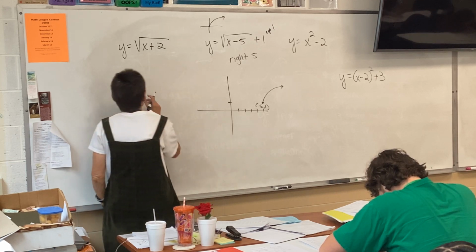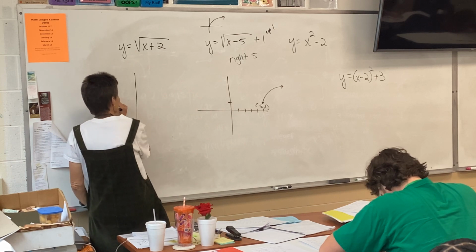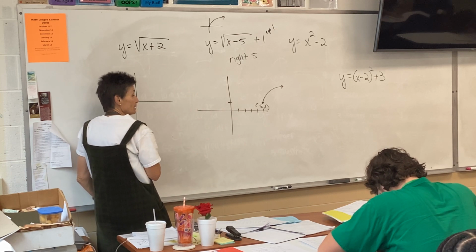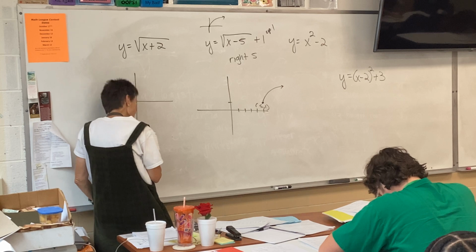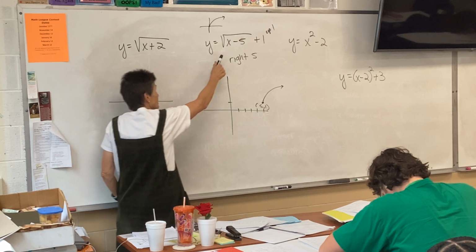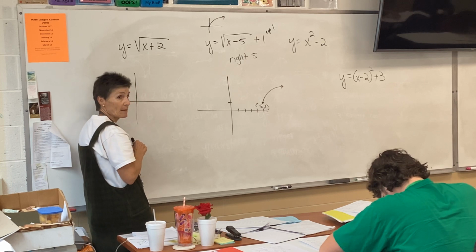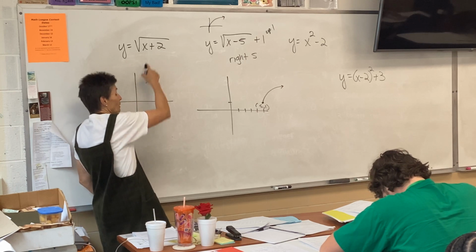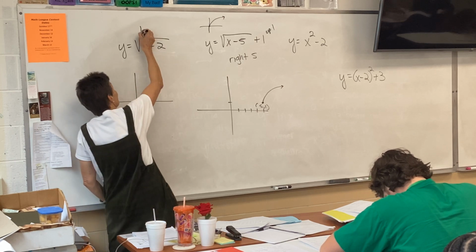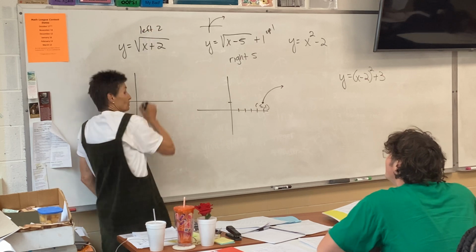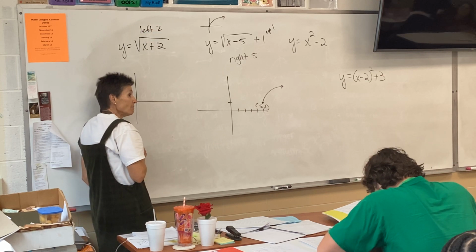All right, let's back up and get the first one. Is this one gonna have the exact same shape? Yes. This is a square root, just like this is a square root. Now, it won't be in the same place. Where will this one be? Left 2. Why is it left?